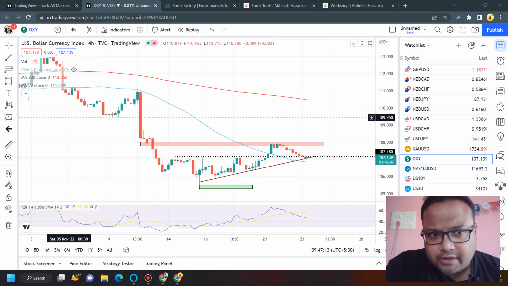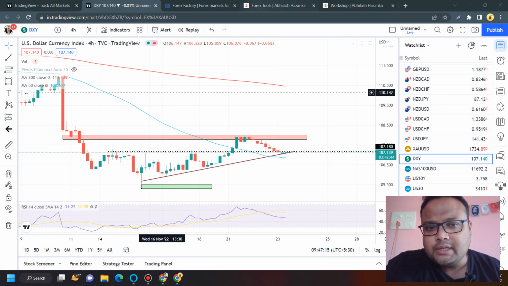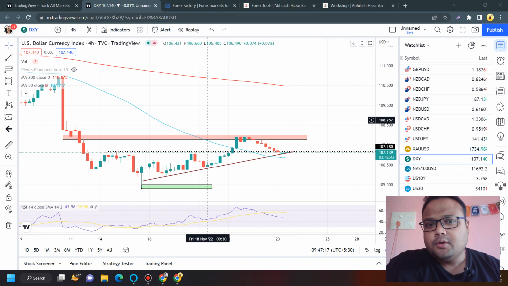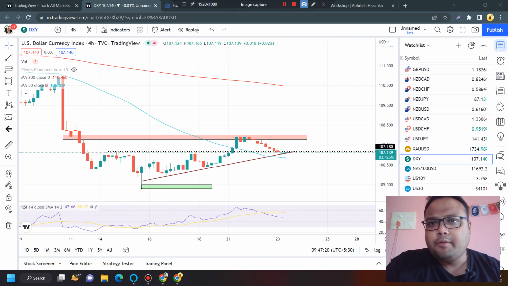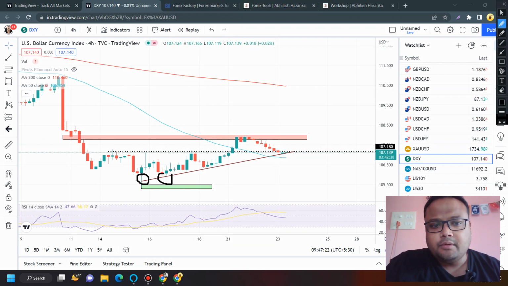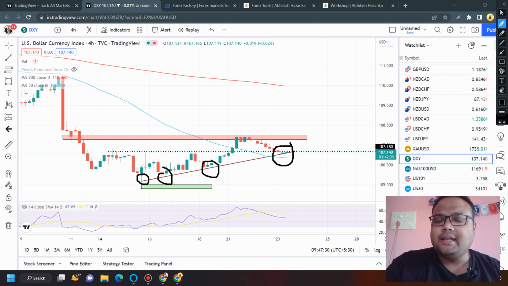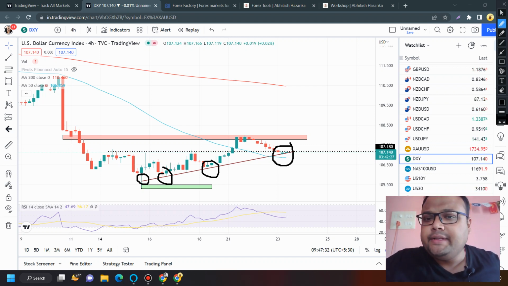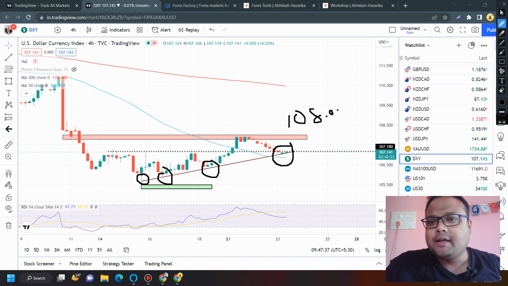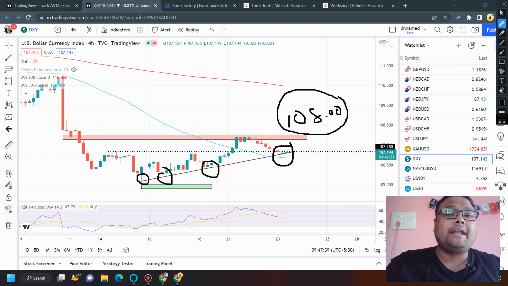After this massive correction, when DXY is showing signs of recovery, we could clearly see that DXY was forming higher lows here. It signifies the entry of new buyers in the market. If DXY bounces from this level, because the trend line is acting as a beautiful dynamic support, then there is a high chance of the market breaking the 108 level and going higher.